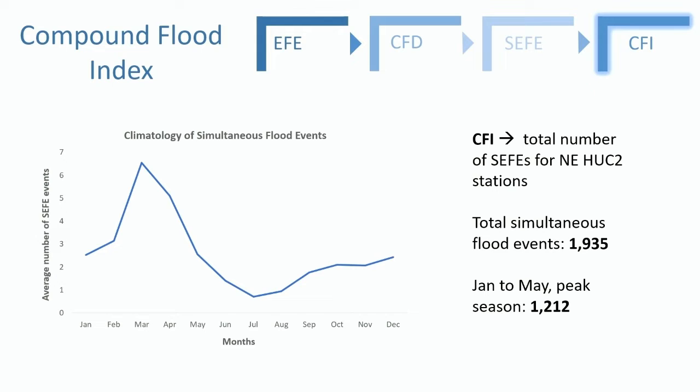But during this peak season, as you see here, these events typically occur between January and May, with a peak in March. And just in that season alone, there were over 1,200 events out of that 1,900 total.